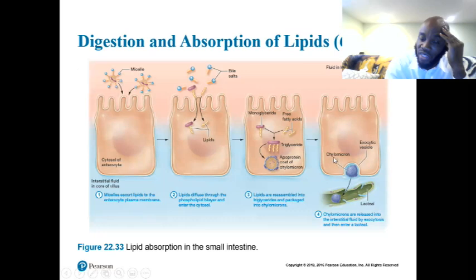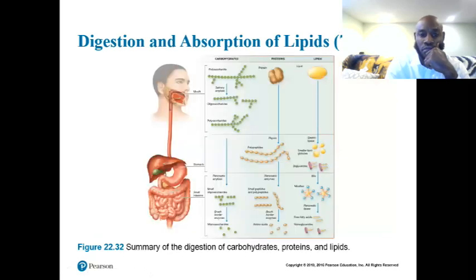That moves out of the enterocyte by exocytosis, which requires energy, and then enters into the lacteal, and eventually the lymphatic system. All right, so that's the absorption of lipids.